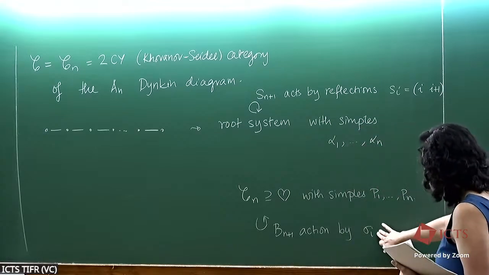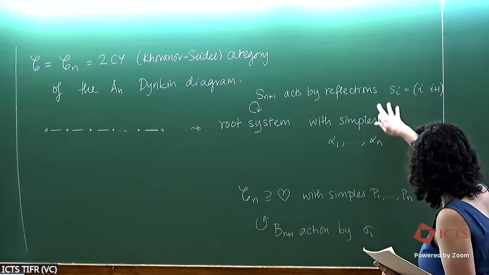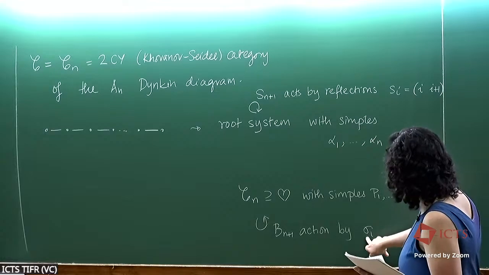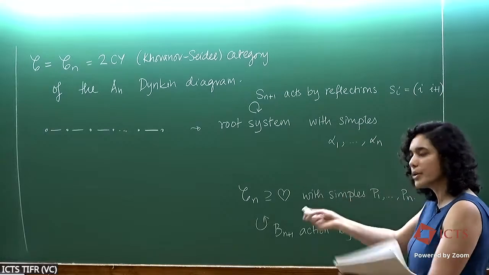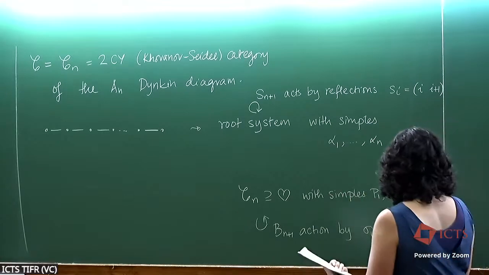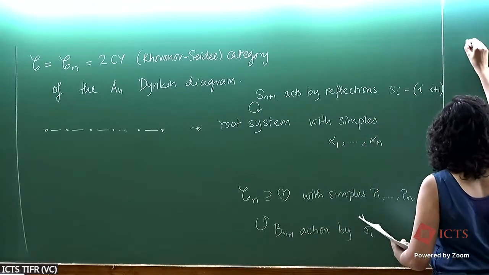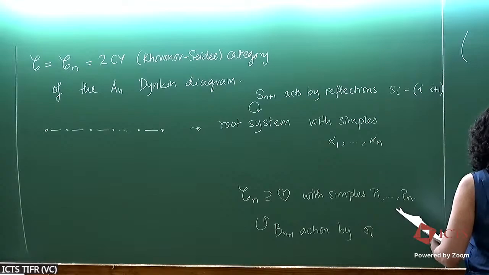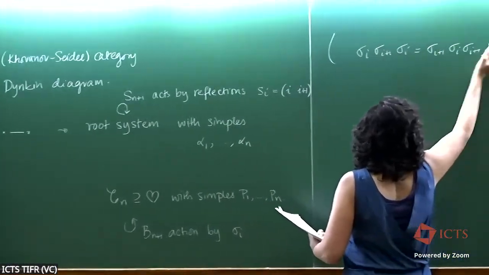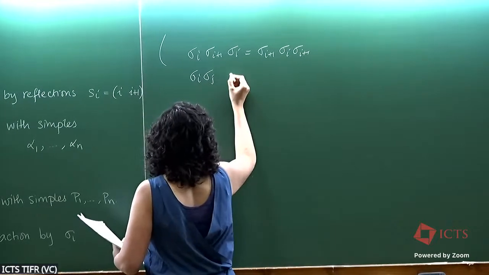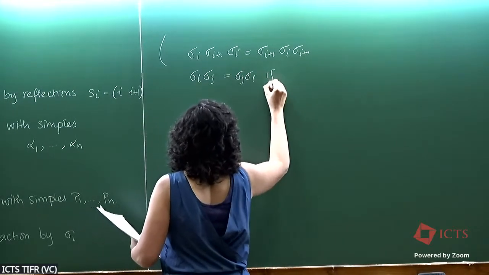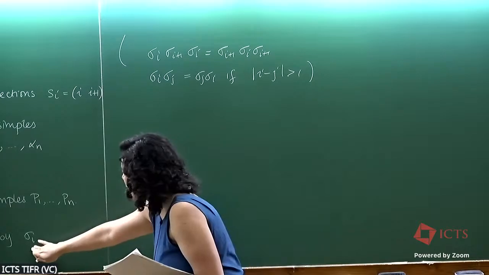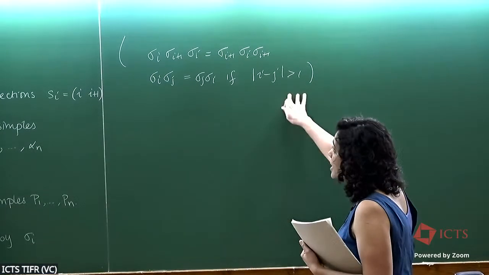If you recall, these generators of the braid group do not square to the identity, but they braid. If sigma_i and sigma_j are far away, they commute, and if they're close by, then they braid. Let me write that braid relation: sigma_i sigma_{i+1} sigma_i equals sigma_{i+1} sigma_i sigma_{i+1}. The group is generated by n of these sigma_i's subject to these relations.